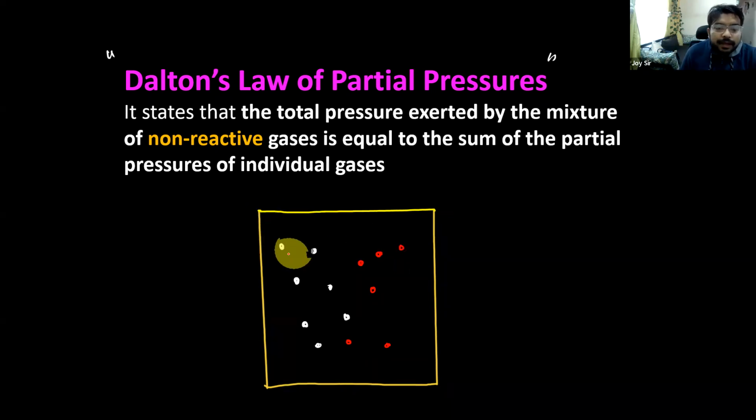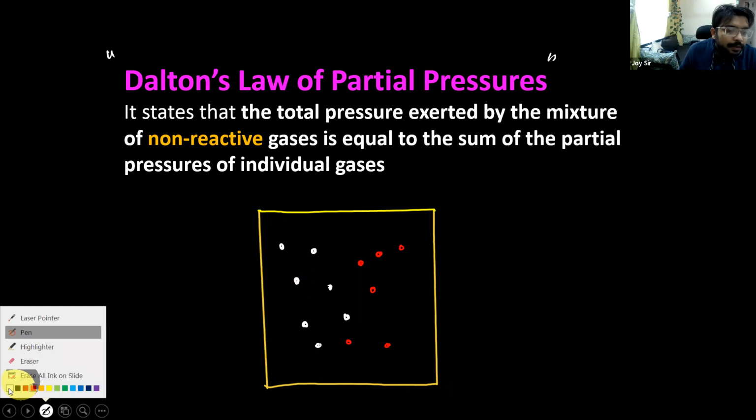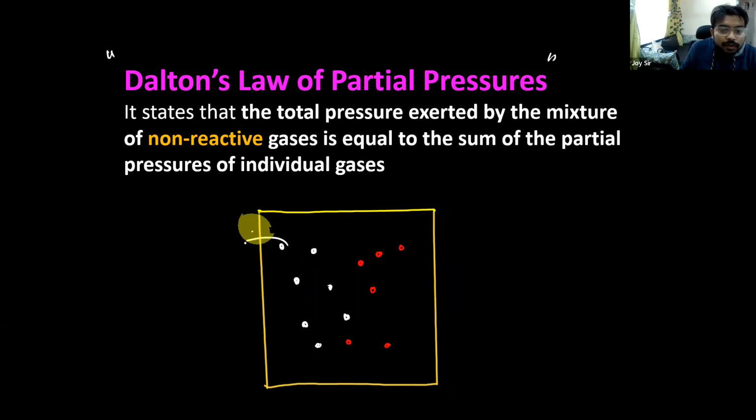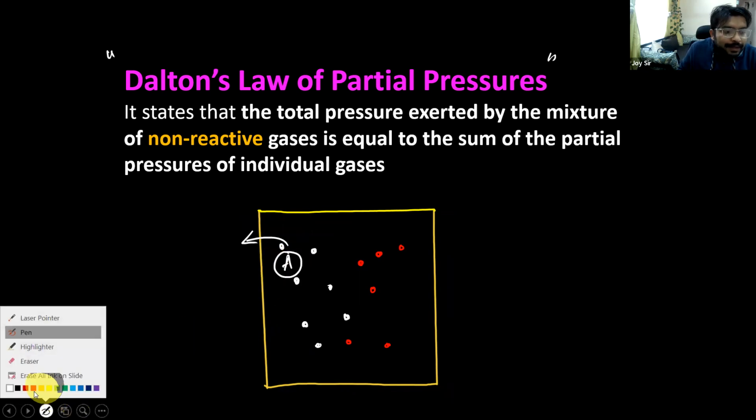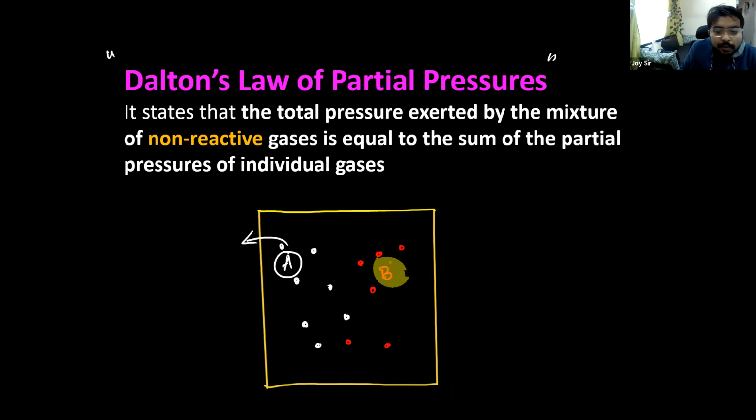So here we have given two gases, this white gas and the other is the red gas. Okay, so let this white be molecule A and let this red be molecule B. ठीक है, so molecule A has pressure PA and molecule B has pressure PB. These are the individual pressures of the gas components.